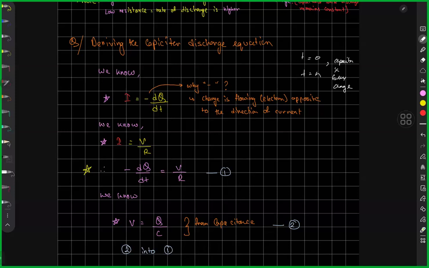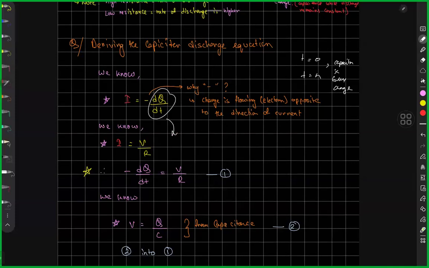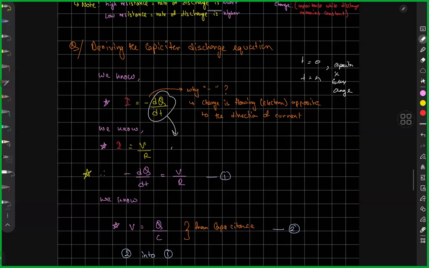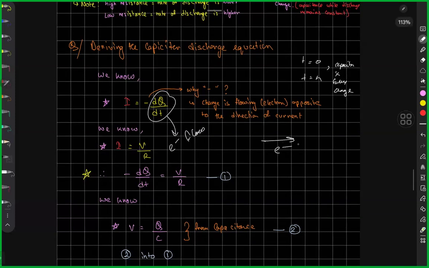So at every given instant, how much charge is flowing out or in. And why is it negative over here? Because dq by dt basically denotes electron flow, and my conventional current is in the opposite direction. So that's why the negative sign. If electrons are flowing in this direction, conventional current is in this direction.